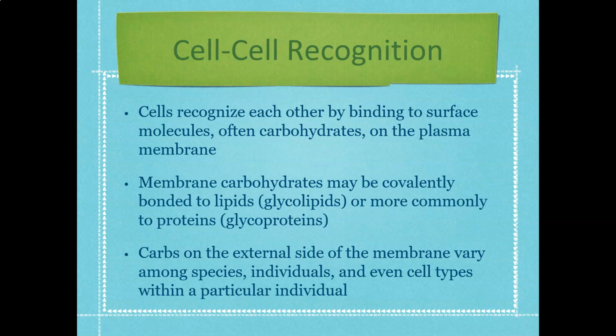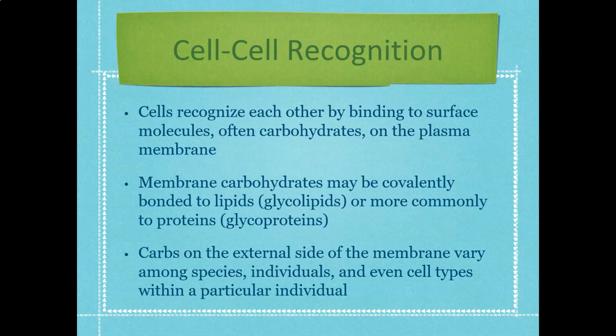Either they're bound to those lipids, and so we call them glycolipids, or they're bound to those proteins, so we call them glycoproteins. So the carbohydrates that are on the external side of your membrane, meaning facing towards the environment, vary among different species. So that's how your body is able to recognize whether that cell comes from human or not. It also varies from one individual to the next.